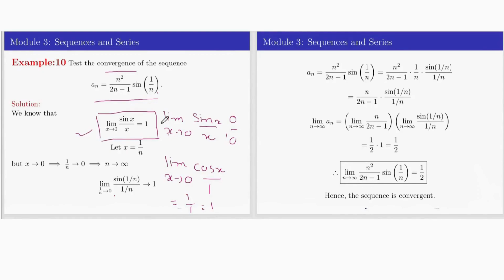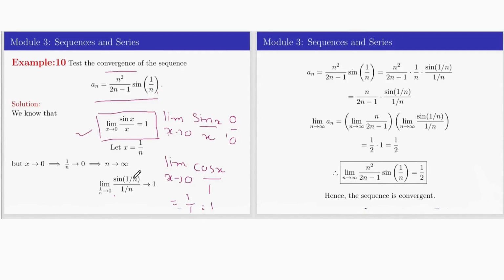Now here this one is for x. But in our problem, what is given? Sine 1 upon n is given. Here x is not given, so take the assumption: let x equal to 1 upon n. But x tends to 0 as per this limit. So x tends to 0 means 1 upon n also tends to 0, so n tends to infinity.